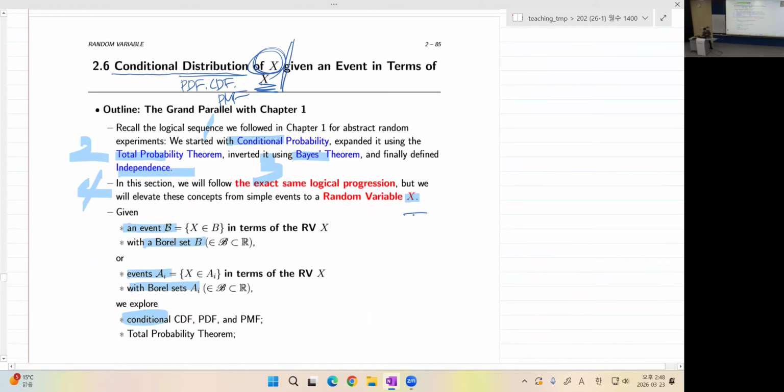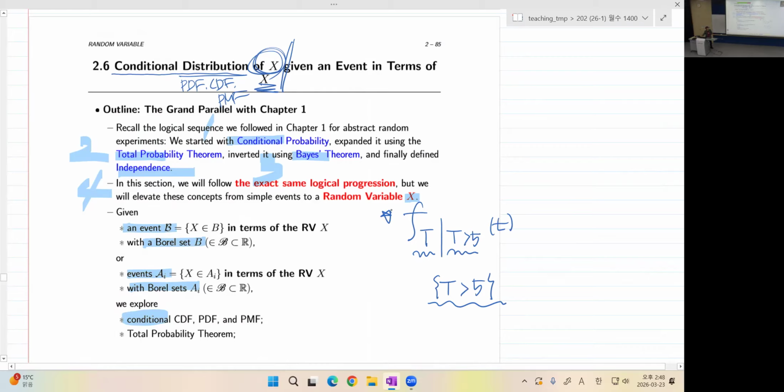You've seen already the conditional density of the exponential distribution given t is greater than 5. Got it? This is the event that t is greater than 5. So given this condition, you want to find the PDF of the exponential distribution. So we've already been exposed to this problem.